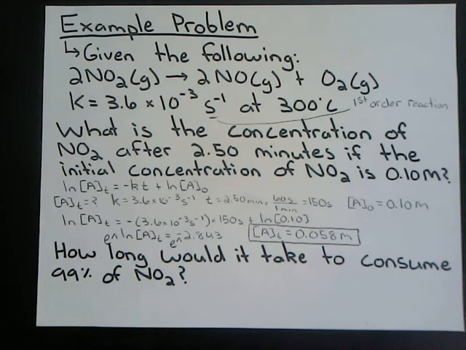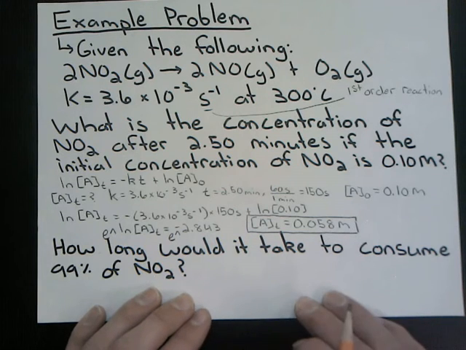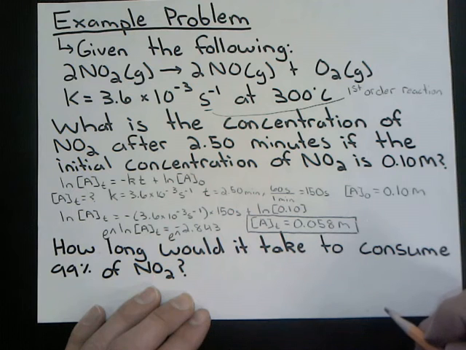Now, we have a problem here. It says, how long would it take for 99% of NO2 to be consumed? So what we first need to do is this. If 99% is consumed, we need to take 99% away from our starting concentration.